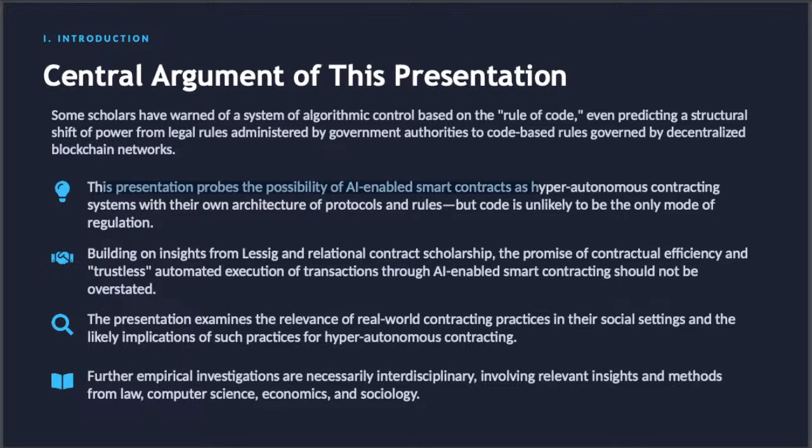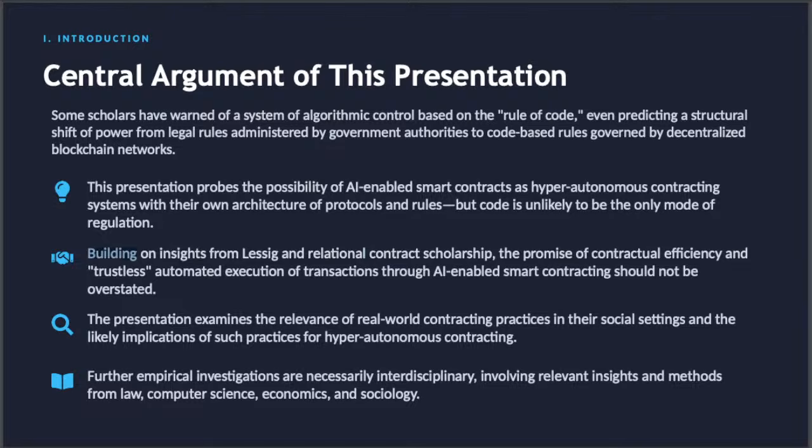This presentation will be probing the possibility of AI-enabled smart contracts as hyper-autonomous contracting systems with their own architecture, protocols, and rules. But code is unlikely to be the only mode of regulation, as we saw here.